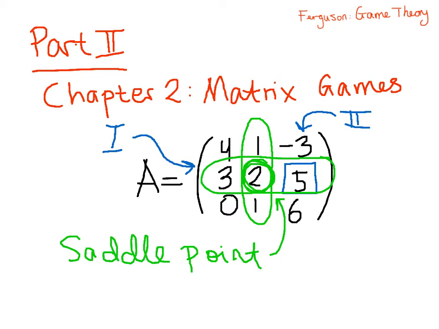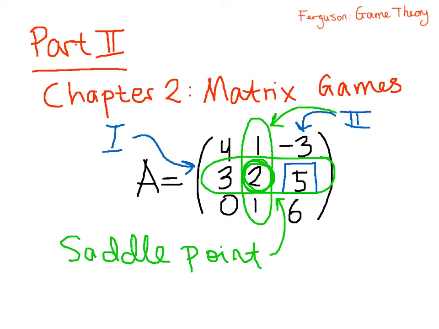Now why are these saddle points interesting? Well, that's because by picking column number 2, player 2 can guarantee that he pays at most $2.